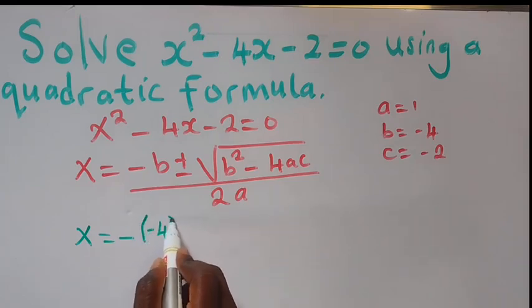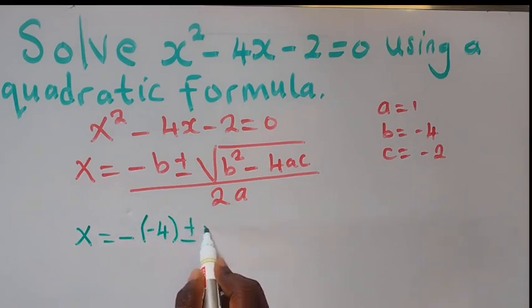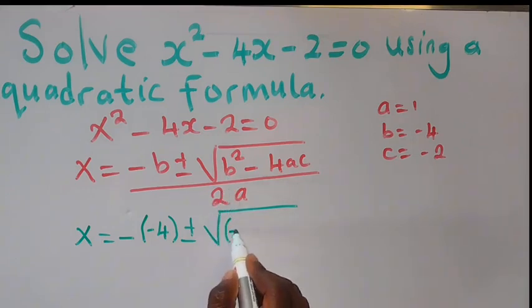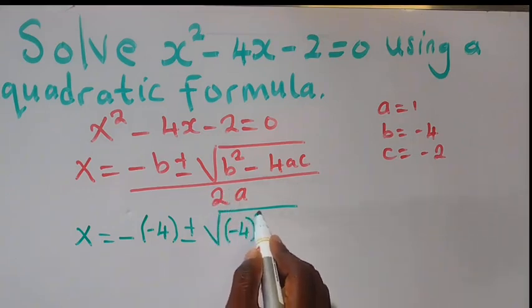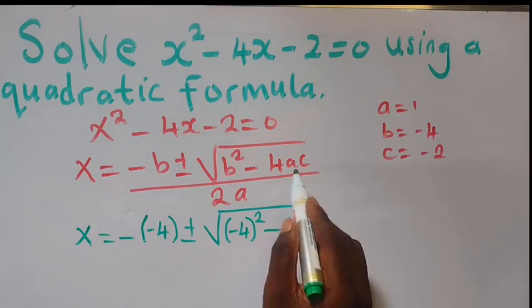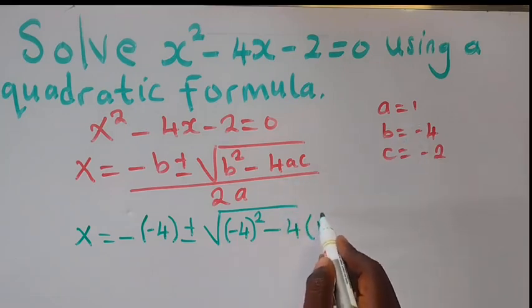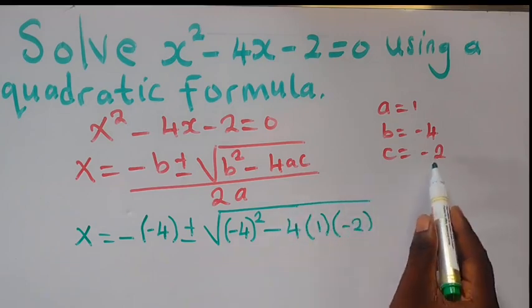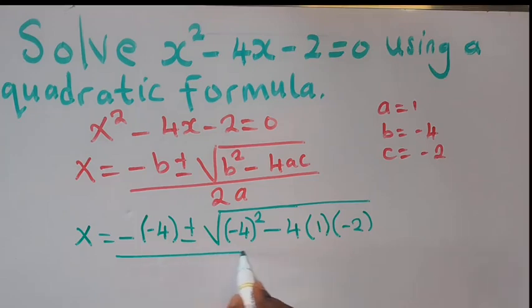So x equals minus (minus 4) plus or minus the square root of, b is minus 4, so minus 4 in brackets squared, then minus 4, a is 1, then c is negative 2, then over 2a. What is our a? It's 1.